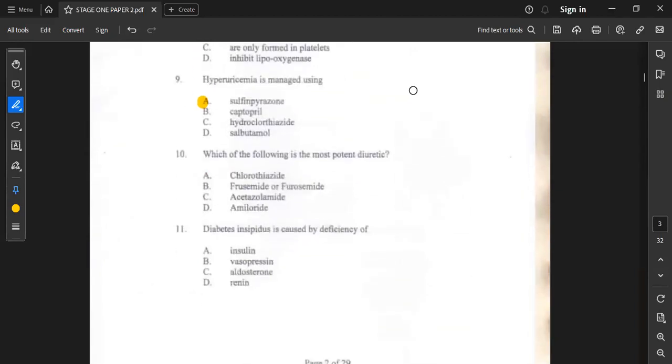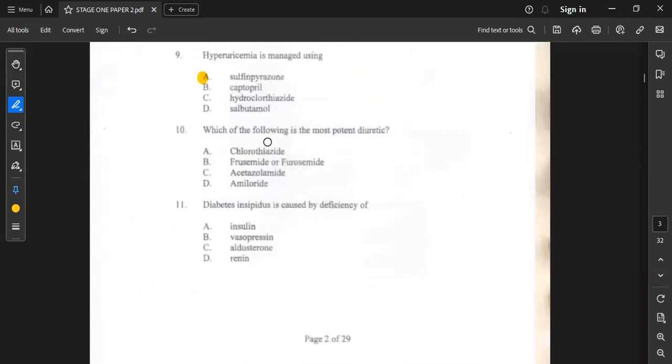Which of the following is the most potent diuretic? Chlorothiazide, furosemide, acetazolamide, or amiloride? Furosemide.